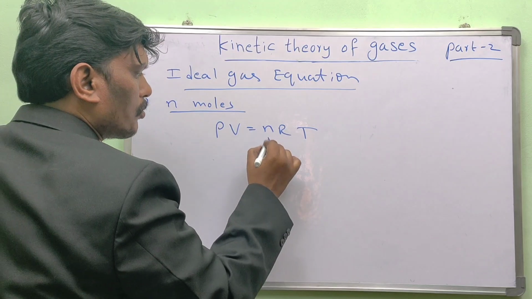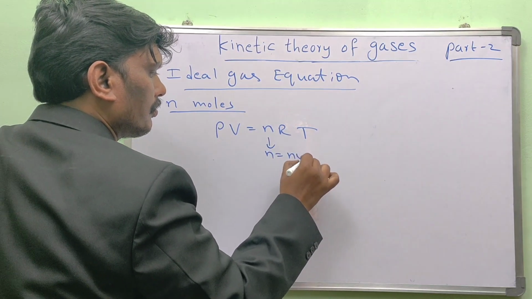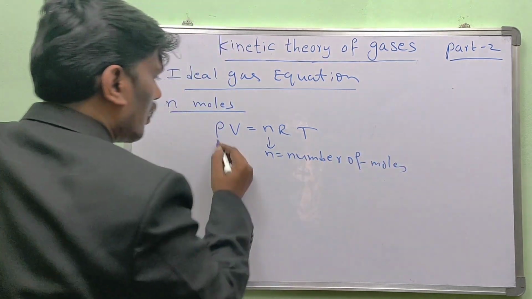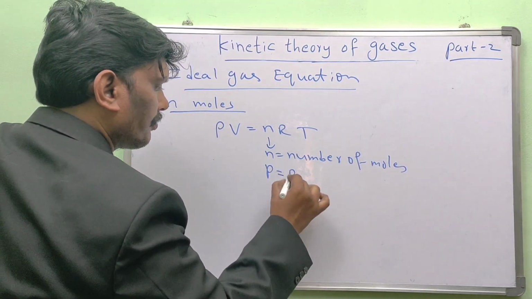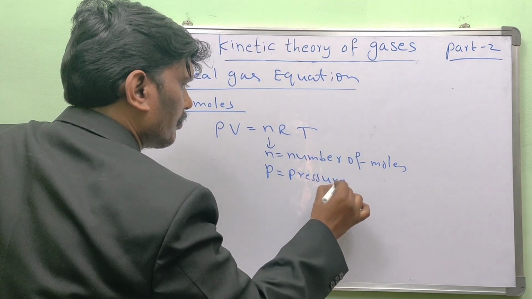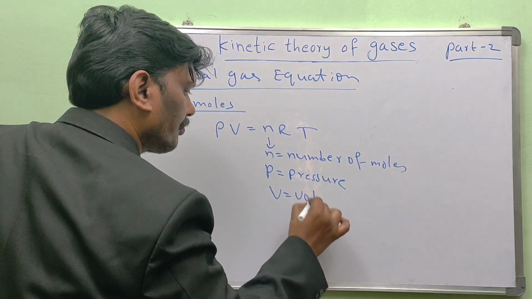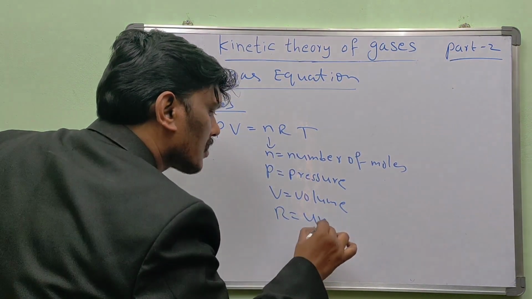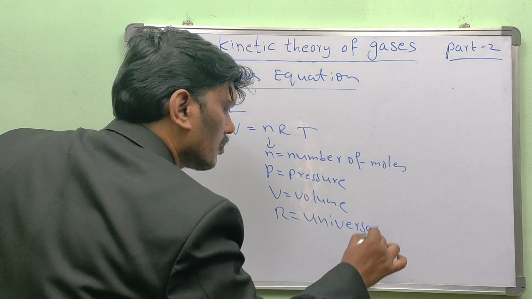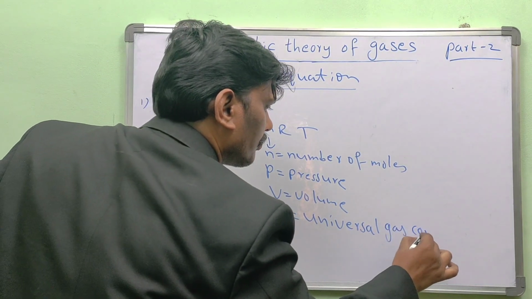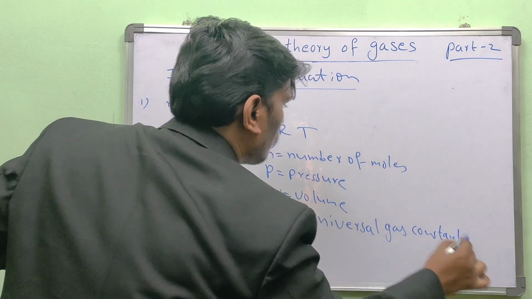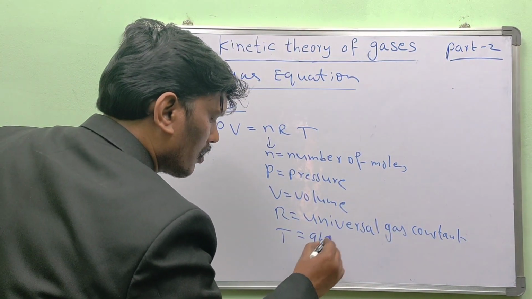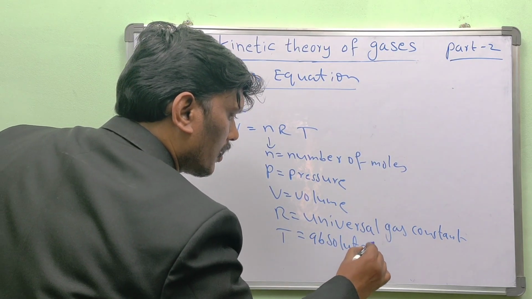Here n is equal to the number of moles, P is equal to pressure, V is equal to volume, R is equal to the universal gas constant, and T is equal to absolute temperature.